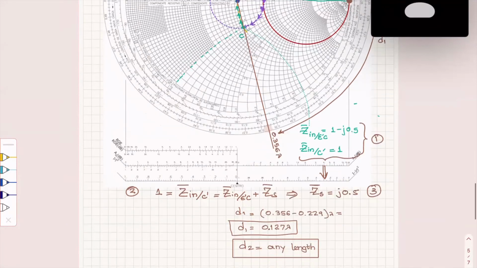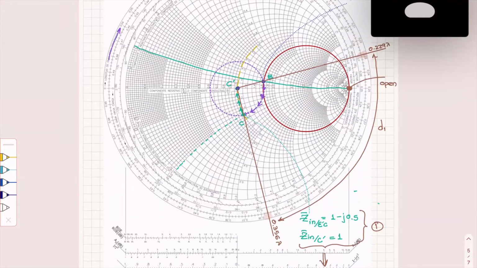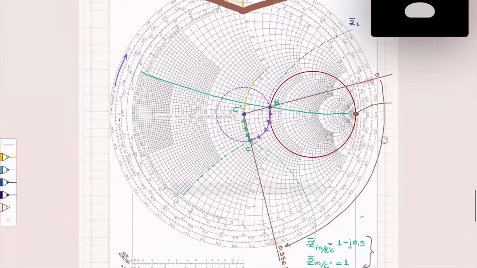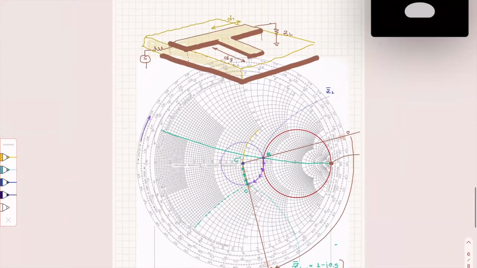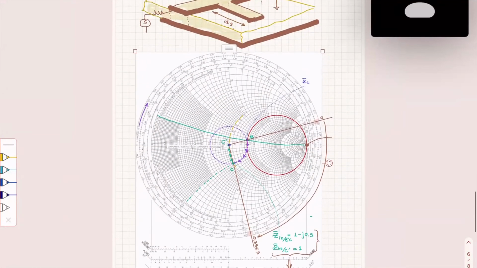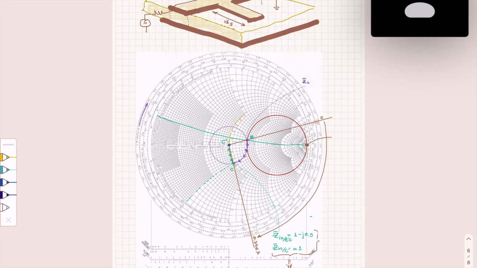Okay, so now we go back to the Smith chart, and I can have a new one, as a matter of fact, if you are interested. So I can copy, if you think this is a little confusing, and paste. And I can make it a little smaller. Okay, and then I can clean it up. The only thing I need to remember is the reactance of the stub.